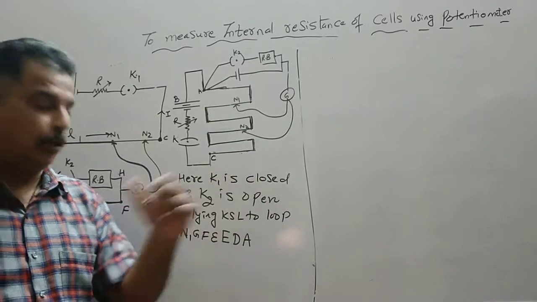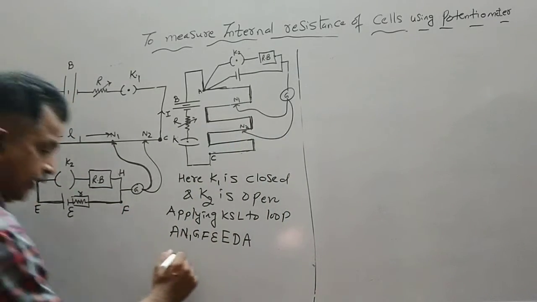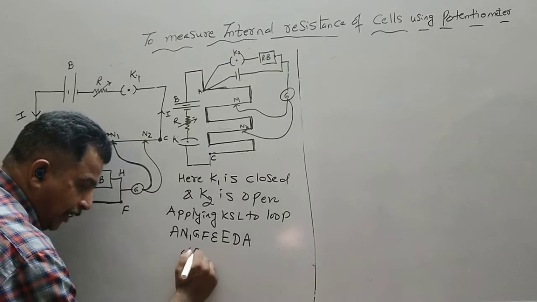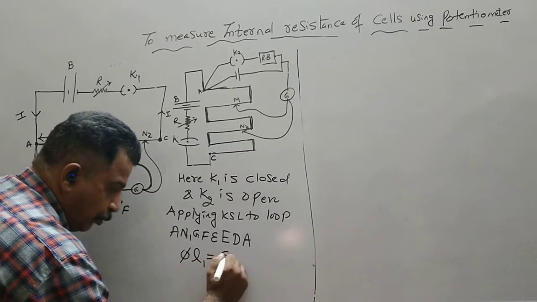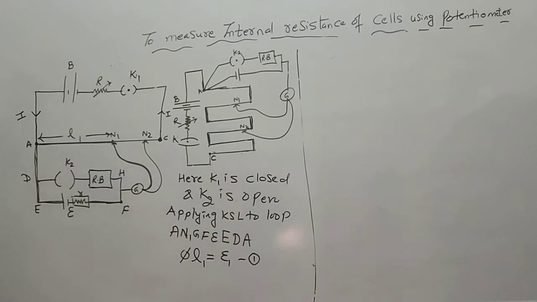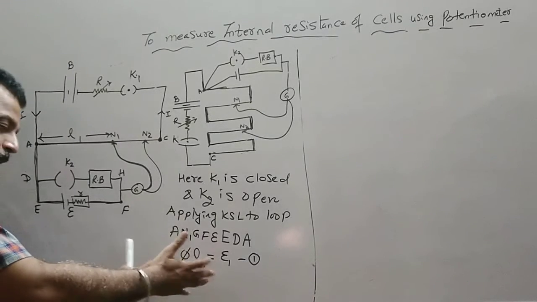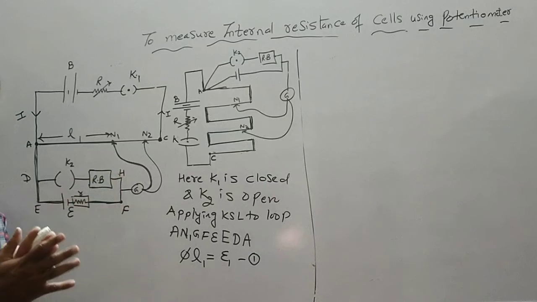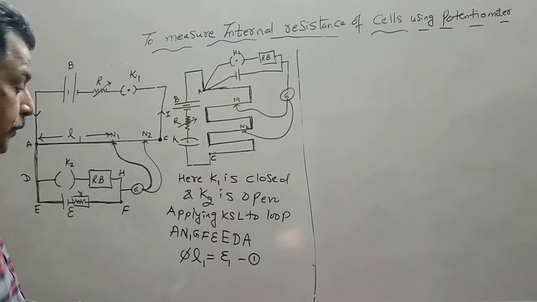That is how we find out the EMF. So in the first case, I will write phi L1 is equal to E1. This is my equation number 1. So this is the EMF of the cell also. If I want to know the EMF, this will be the part, and the experiment is over.